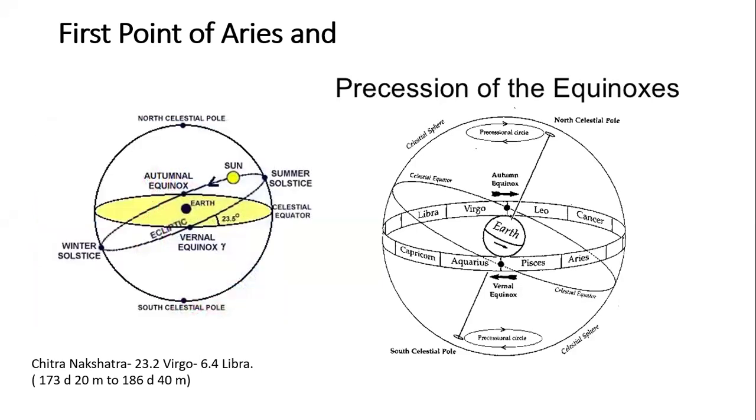In the Indian Niryana system, the Chitra Nakshatra is basically targeted. Chitra Nakshatra spans 23 degrees 20 minutes Virgo to 6 degrees 40 minutes Libra. That means of the four charanas of Chitra, two fall in Virgo and two fall in Libra.